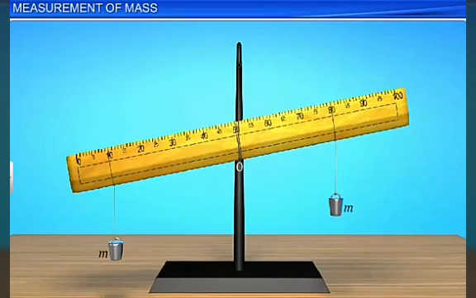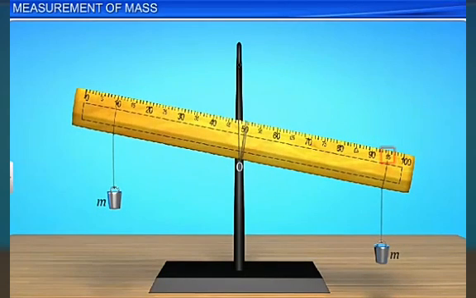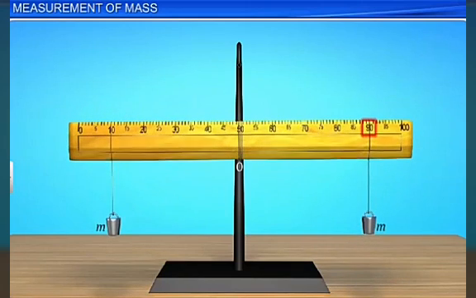If the mass M on the right hand side is shifted from the 80 centimeter mark to the 95 centimeter mark, then the scale tilts slightly towards the right. Now shift the mass M on the right hand side from the 95 centimeter mark to the 90 centimeter mark. The scale orients along the horizontal.